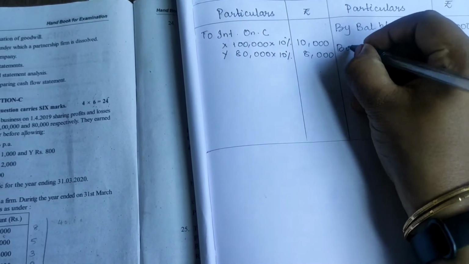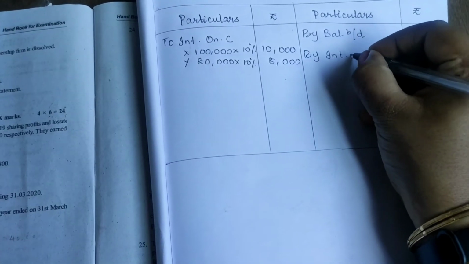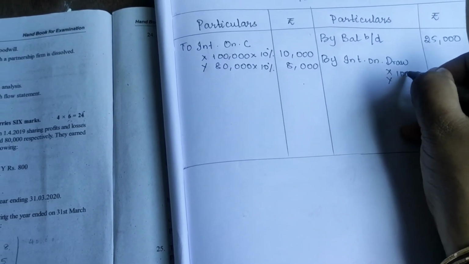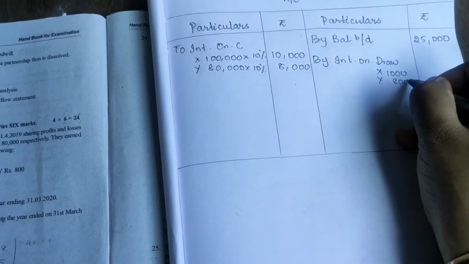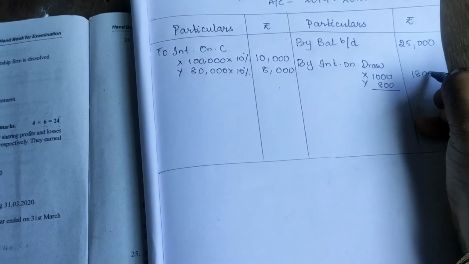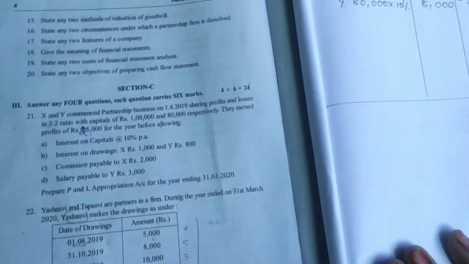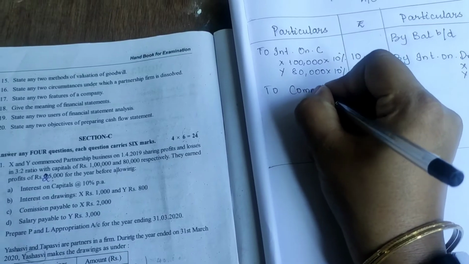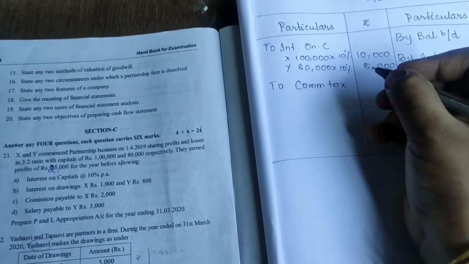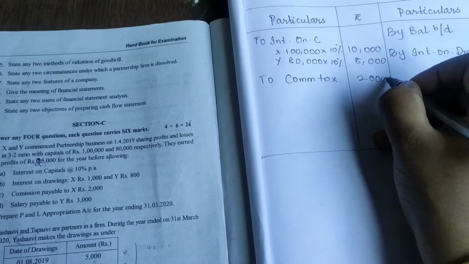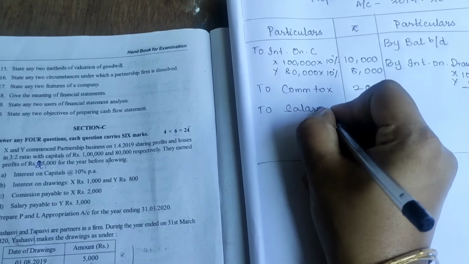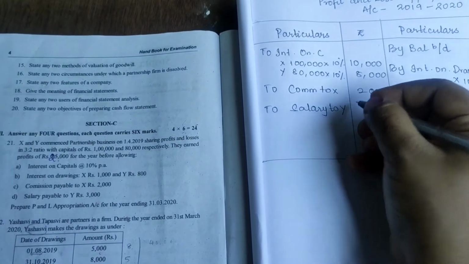Interest on drawing is already given, so here we write by interest on drawing. X is 1,000, Y is 800, so 1,800 is the interest on drawing. After this, commission payable to X, which is 2,000, as it is we write. Salary to Y, which is 3,000.